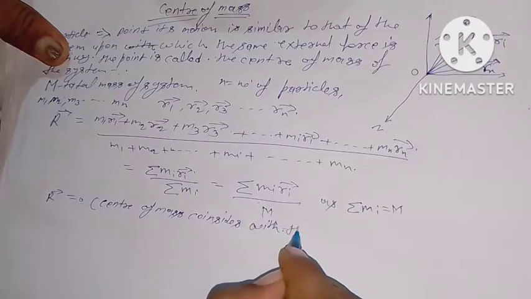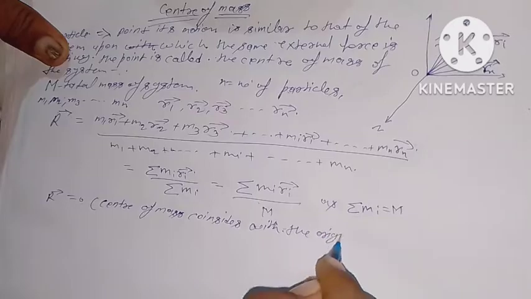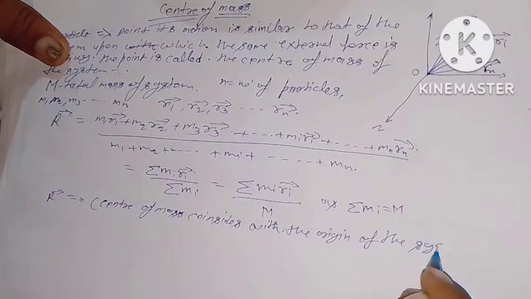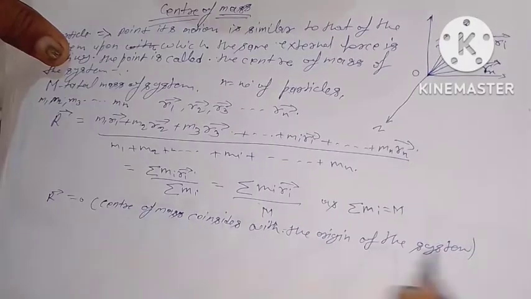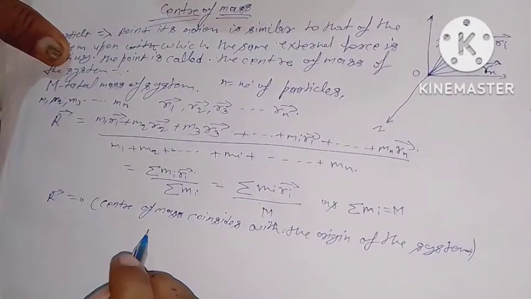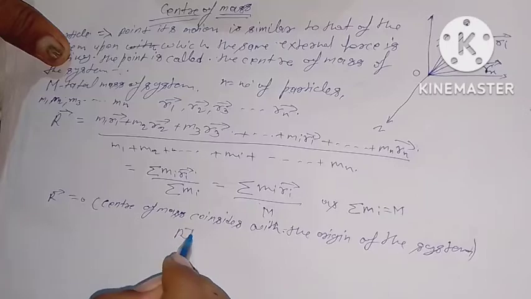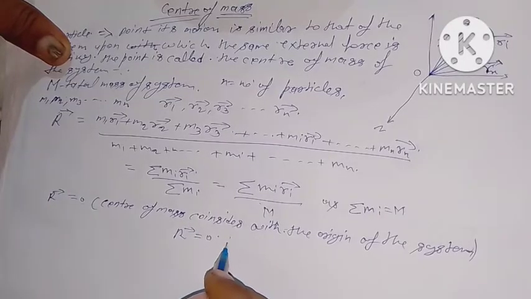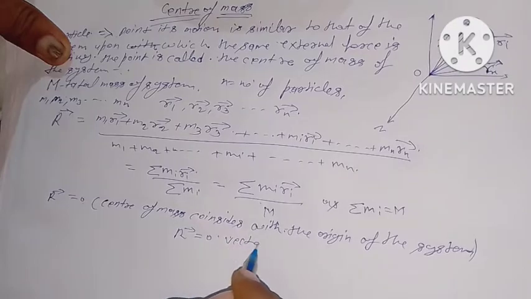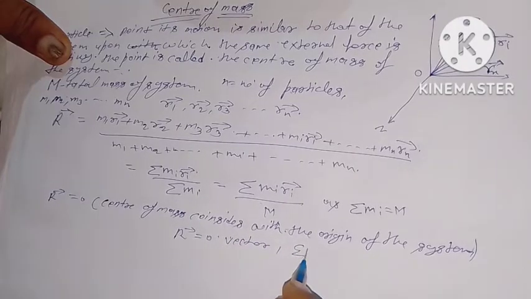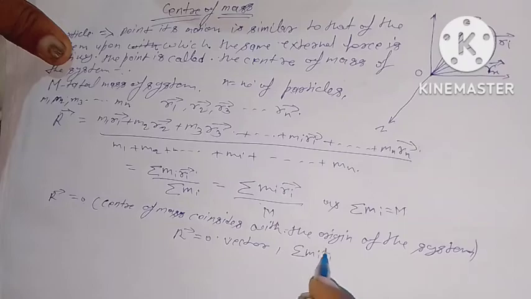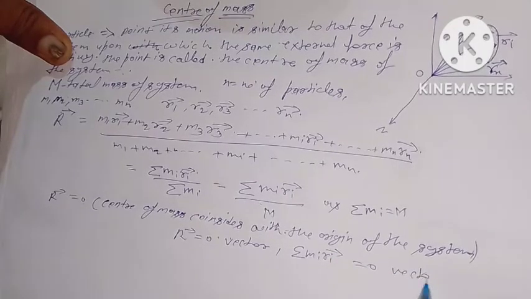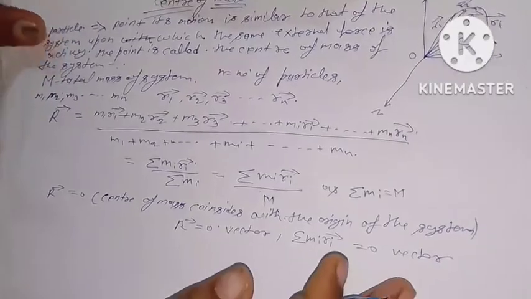So R equals 0 vector and sigma mi ri vector equals 0 vector.